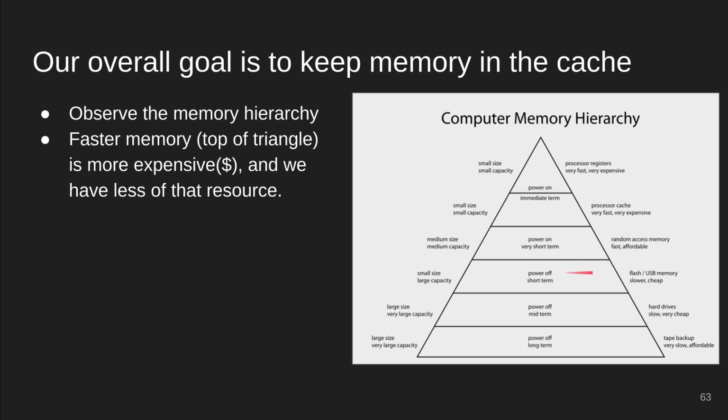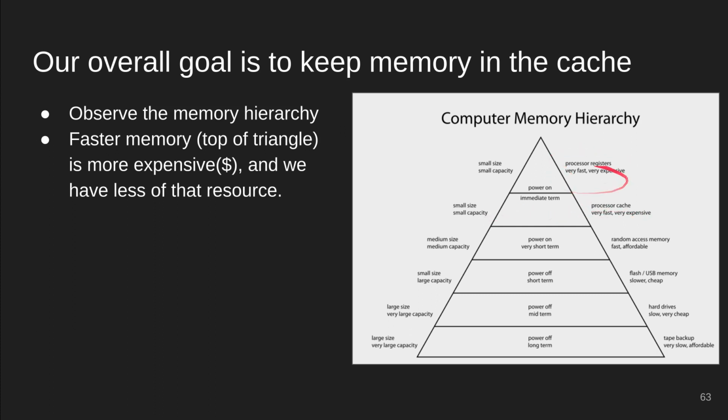And then we have things like flash memory, which we have a little bit more of, but it's slow. We have our DRAM, which is just random access memory that's relatively fast, and we have a decent amount, right? Most of your machines probably have 8 gigs or 16 gigs. And we have our caches, which we have a lot of, but not much capacity, because it's expensive and various reasons.